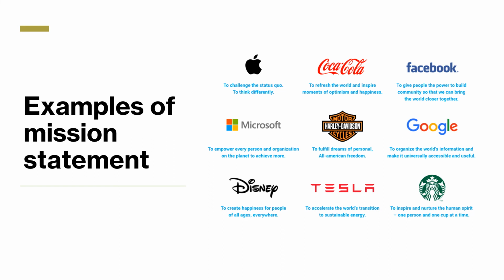And then for example for Google, to organize the world's information and make it universally accessible and useful. So something that you can achieve. And then for Facebook, to give people the power to build communities so that we can bring the world closer together. Okay, so this is the example of the mission statement from a top brand in this industry.